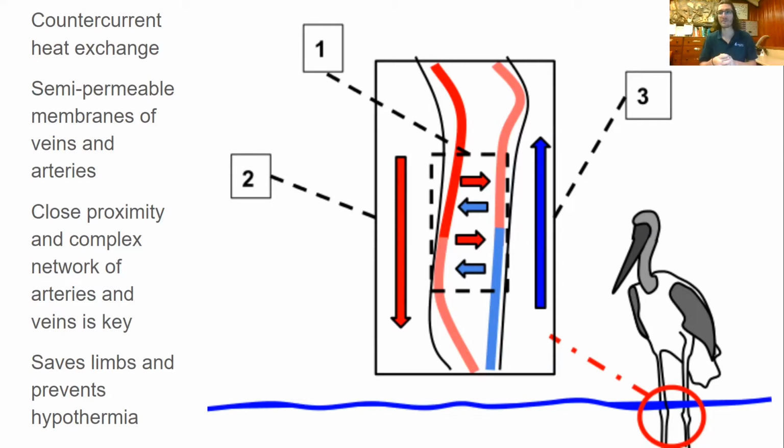And so they want to have this gradient happening where they can keep the foot warm enough, with warm blood running through, to not have any damage done to it, but they relatively keep it cool in general because they don't want to waste a lot of heat. And they also want to prevent really cold blood from going back up to the core. So it's a really cool way that animals can prevent hypothermia or losing a whole lot of heat across surfaces within these more exposed limbs.